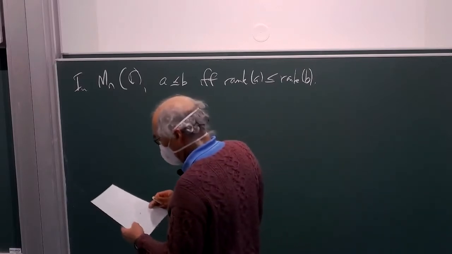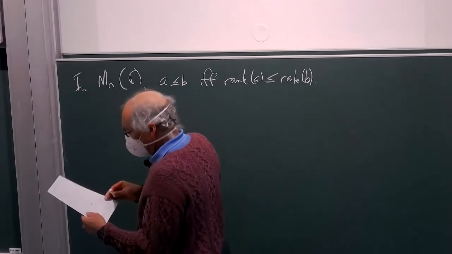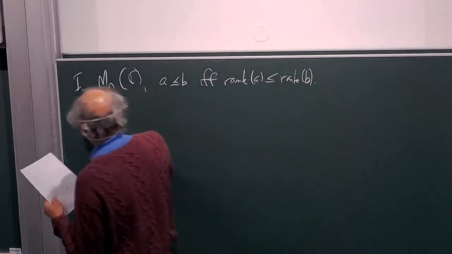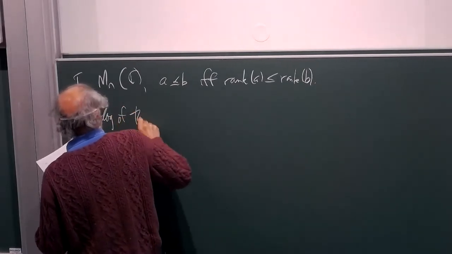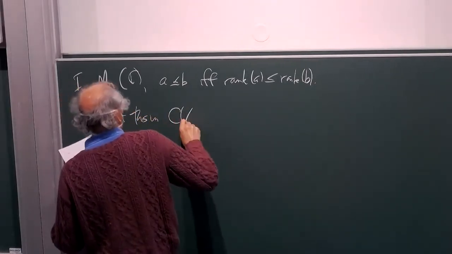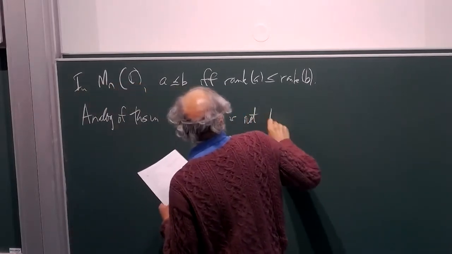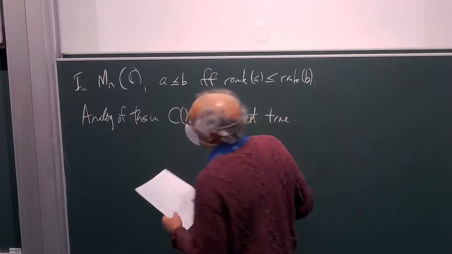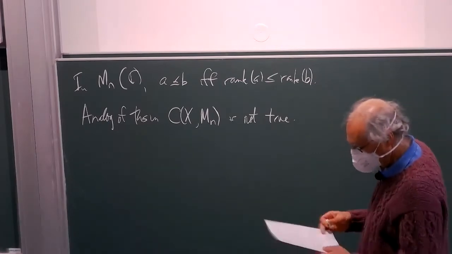Okay. So the analog of this in C of X, Mn, is not true. You might hope if you had a pointwise rank inequality, you would get Kunz subequivalence, and you don't.